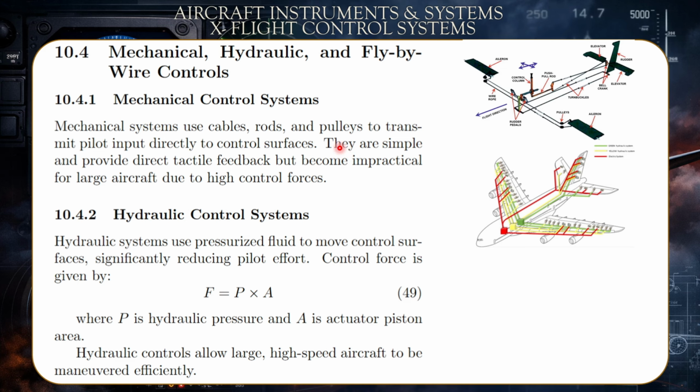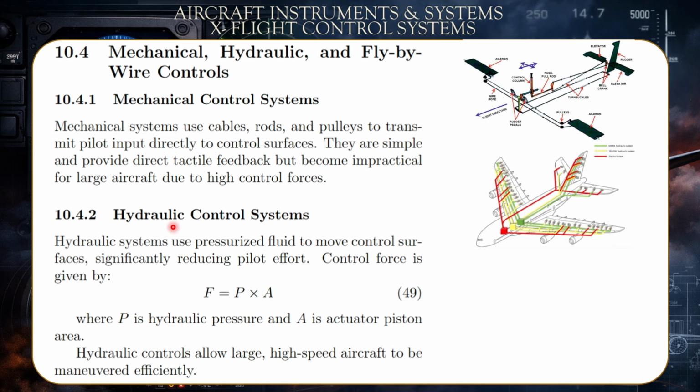So the pilot is directly moving the rudder or the ailerons or the elevators. They are simple and provide direct tactile feedback, but become impractical for large aircraft. Why? Because they would require much higher control forces.